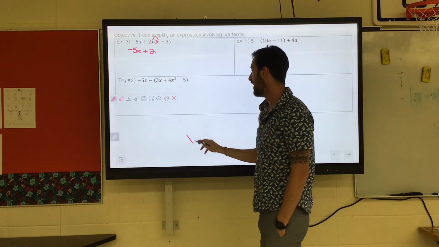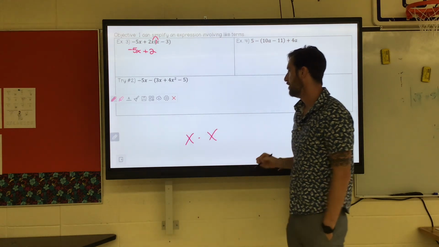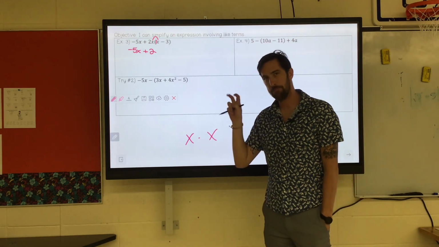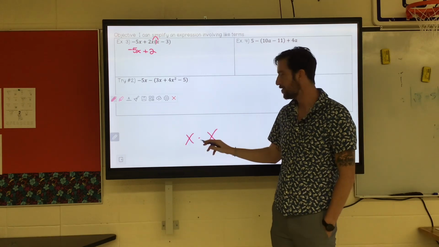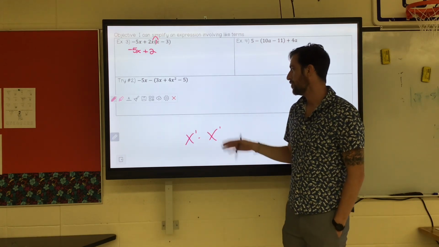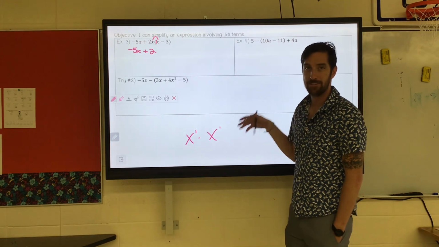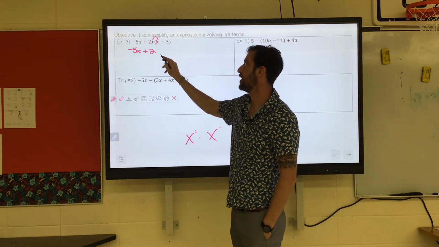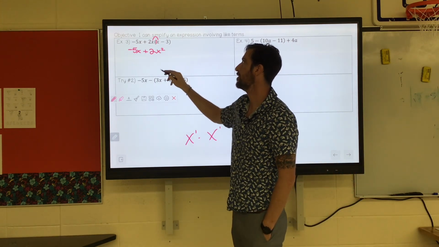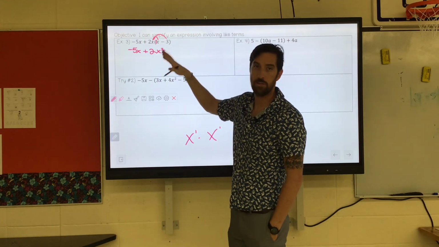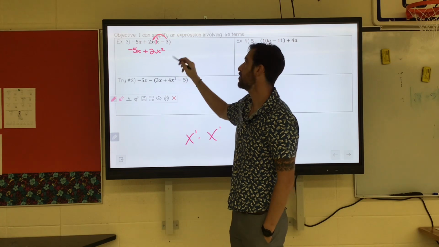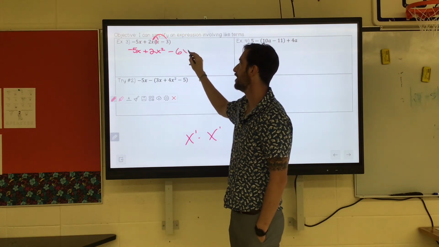And when you do x times x, when you are multiplying and you have the same base, you're going to add the exponents. And you're like, there isn't an exponent. There's an invisible 1 there. So x times x would be x to the second. So 2x times x would be 2x to the second. And then 2x times negative 3, 2 times negative 3 is negative 6. So this would give us negative 6x.